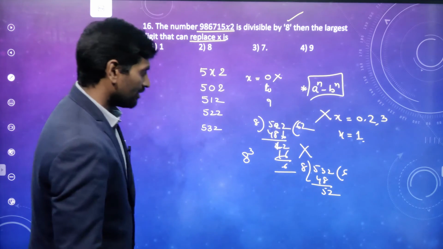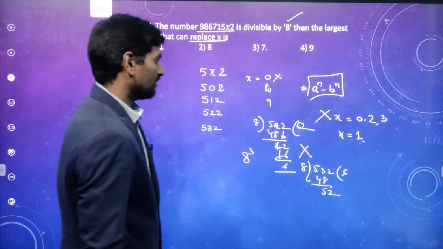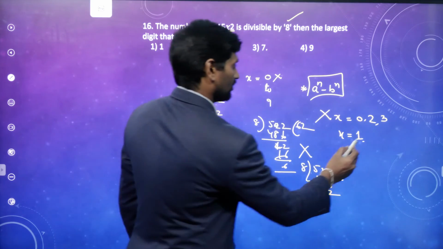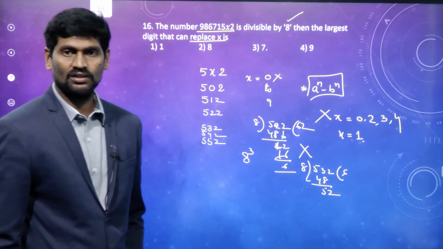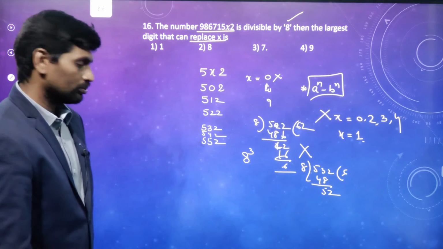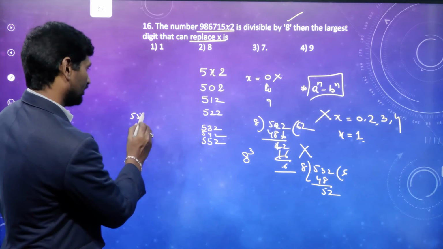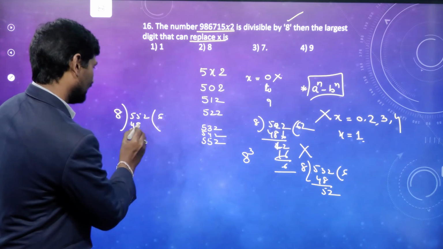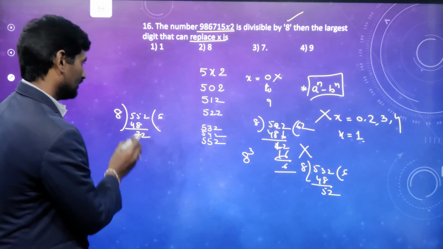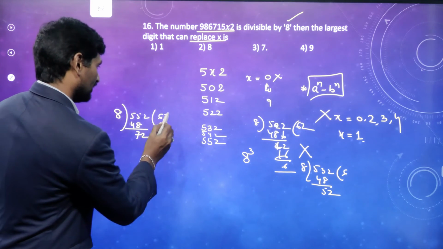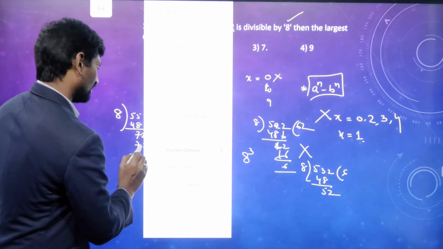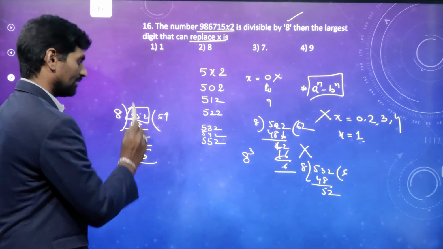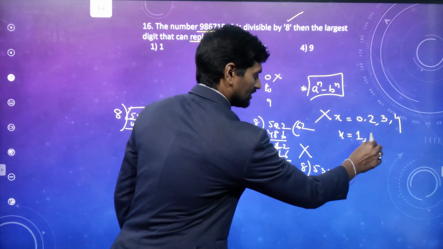Now let us check for 540, not coming. 542 also not coming. So 4 also not. Let us check 552. 8 table, 8 6s are 48, 72, 8 9s are 72. Yes, 552 is divisible. So 5 is a chance.